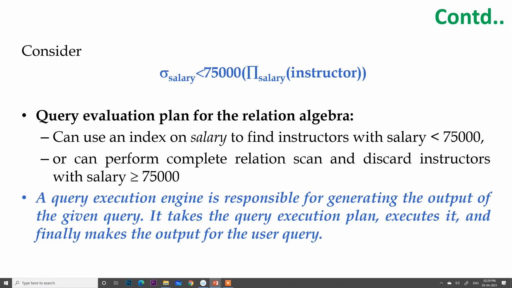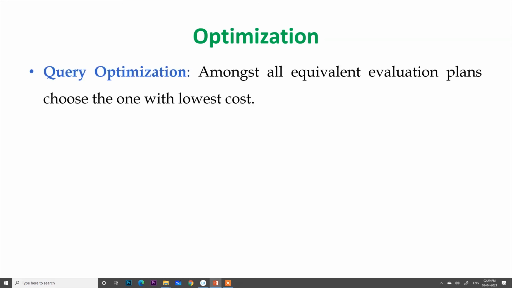Fine. When we have different plans in hand and we execute all the plans, definitely each will give the output. But we are concerned with optimization. Optimization means we are almost reaching the best. So if you want a query to be optimized, we have to choose the evaluation plan which involves the lowest cost.